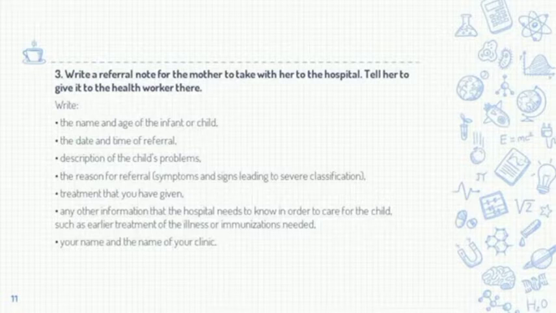The referral note should be composed of the name and the age of the infant or child, the date and time of referral, description of the child's problems, the reason for referral, including the symptoms and signs leading to severe classification, the treatment that you have given, and any other information that the hospital needs to know in order to care for the child, such as earlier treatment of the illness or immunizations needed. Then your name and the name of your clinic. All of these are vital components for the hospital to come up with the best management for the child's health situation.